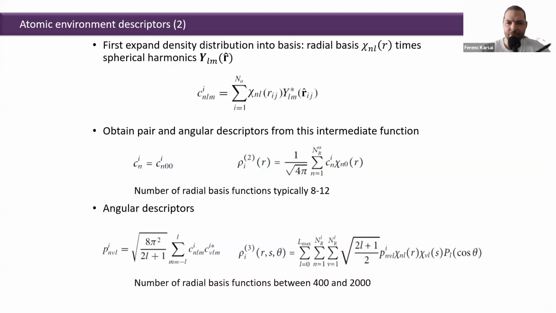For the pair descriptors, we take them directly, and for the angular descriptors, we take the product of this. Typically, we have much more angular descriptors than radial descriptors. The number of angular descriptors is between 400 and 2000 usually, while the number of radial descriptors is between 8 to 12.